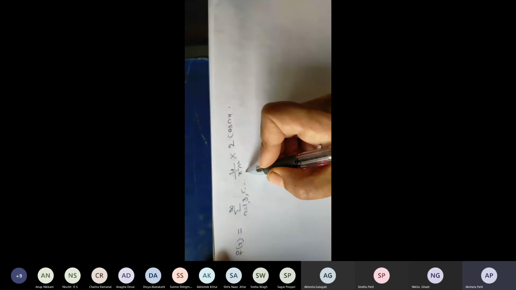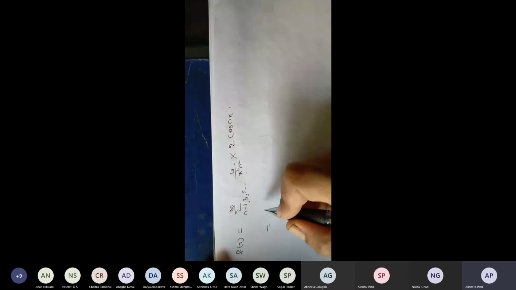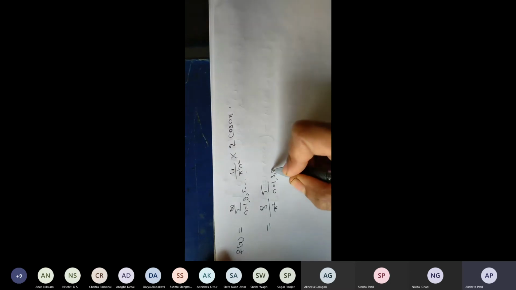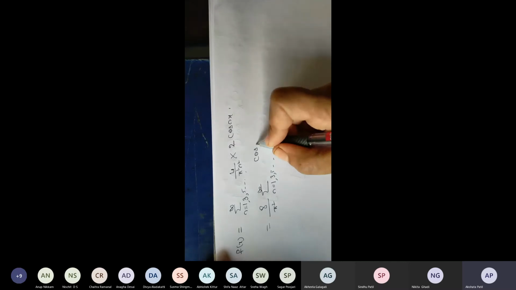Now I will take this 4 by pi square into 2 outside. 4 twos are 8, divided by pi square. Inside, n equals 1, 3, 5, so on to infinity, so here you get cos of nx divided by n square.